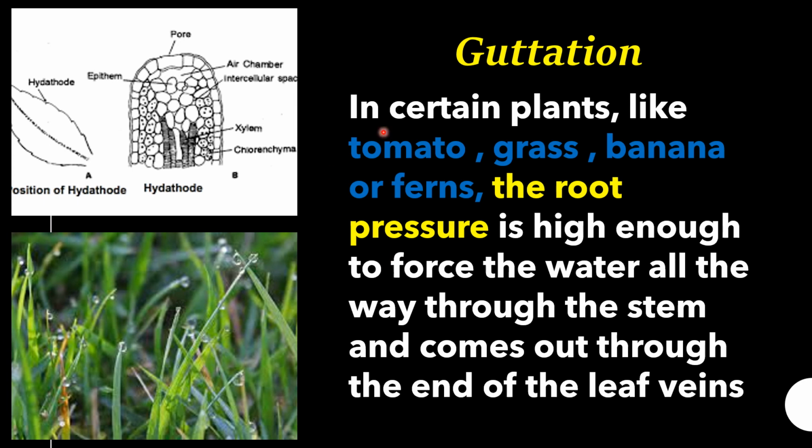This process we call guttation. You can see this in tomato, grass, banana or ferns, usually in herbs. These water droplets come out through the leaf veins due to root pressure. That process is called guttation.